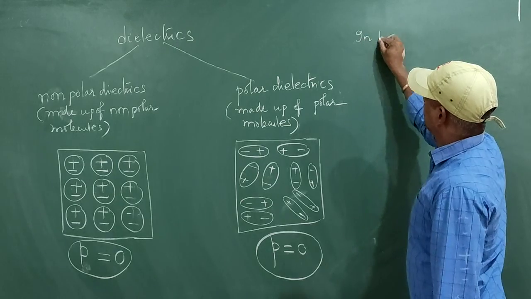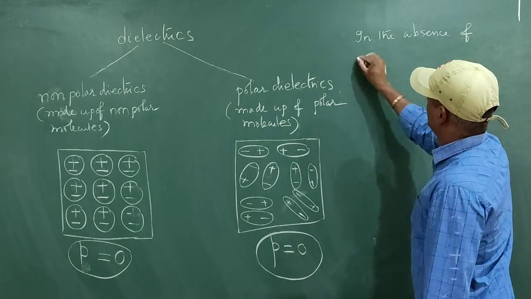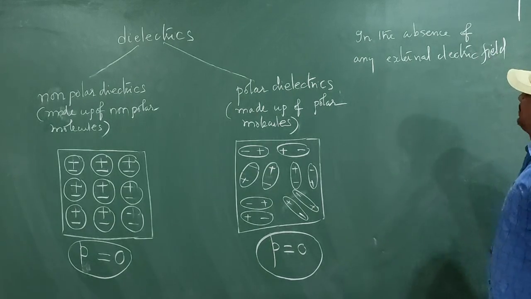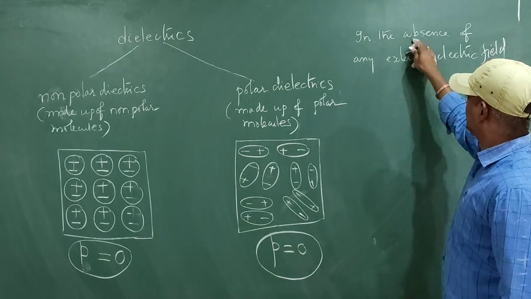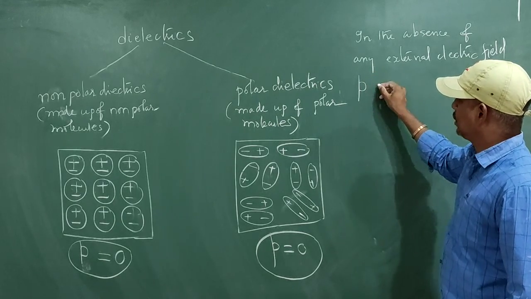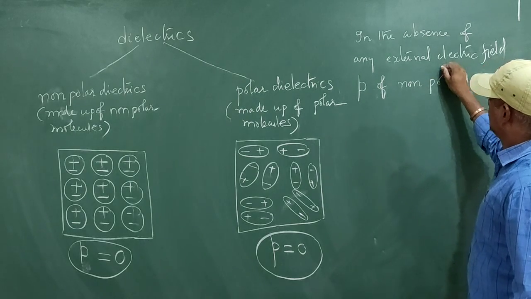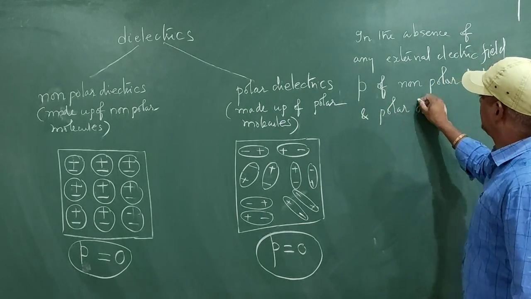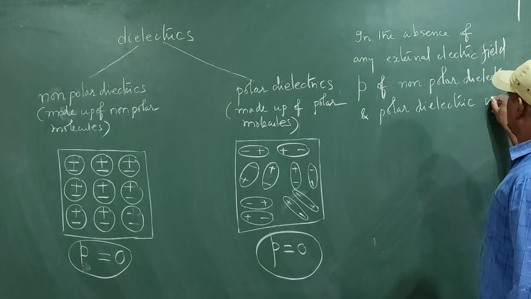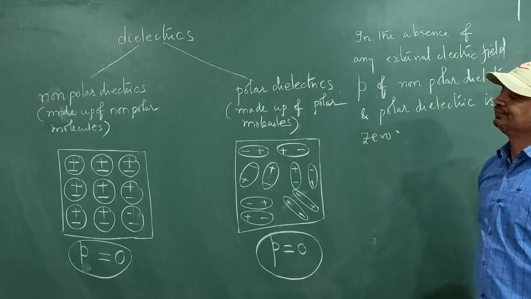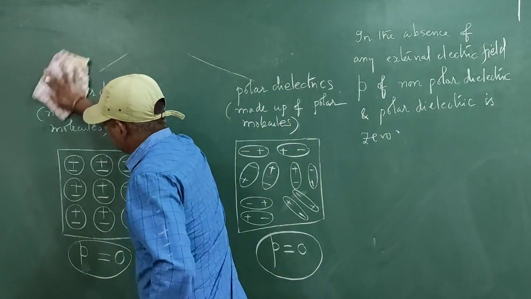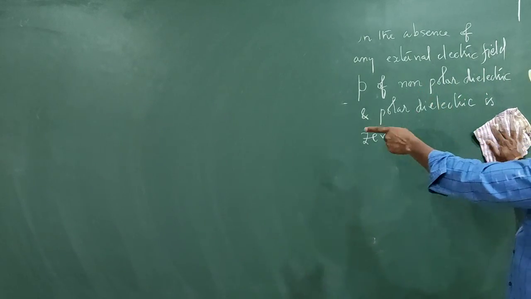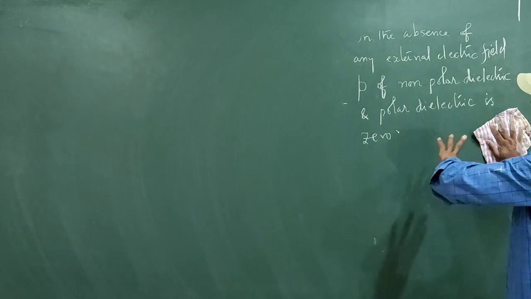So finally, in the absence of any external electric field, the dipole moment of non-polar dielectric and polar dielectric is 0. Is that clear? It's a very simple idea.